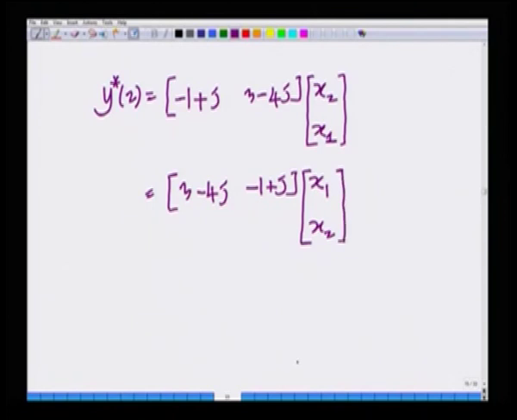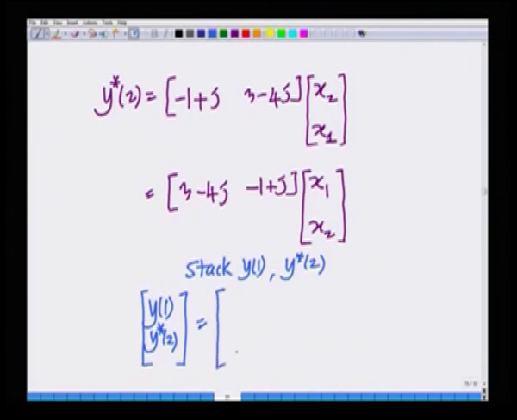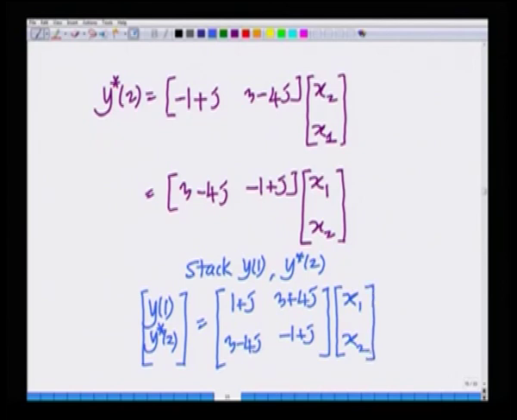Now, I can stack y 1 and y conjugate 2, that gives me 1 plus j, 3 plus 4 j, 3 minus 4 j, minus 1 plus j, x 1 x 2.